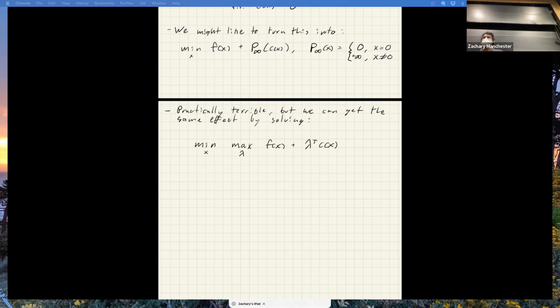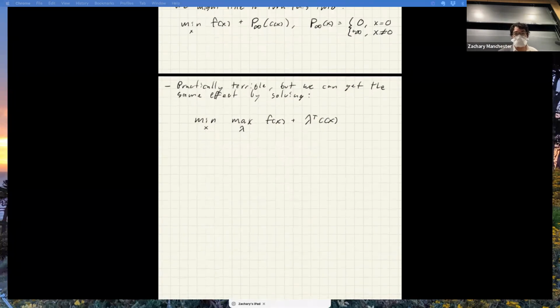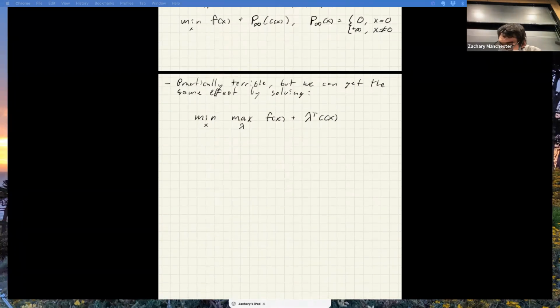So this looks like our Lagrangian, right? And what is going on here? Well, if c of x is not 0, if it's violated, if I take that max over lambda, the value is always infinity, right? Does everyone see that? So for any non-zero c, if I take a max over lambda, I can always blow it up to infinity. And then the outer problem is the one we actually cared about before, right? Does everyone see this? Does it make sense? So this is exactly mathematically equivalent to that infinite penalty. Cool? Okay, so next move is, check that down.